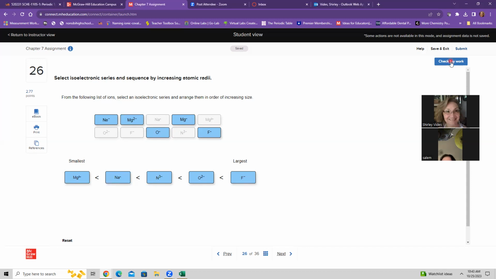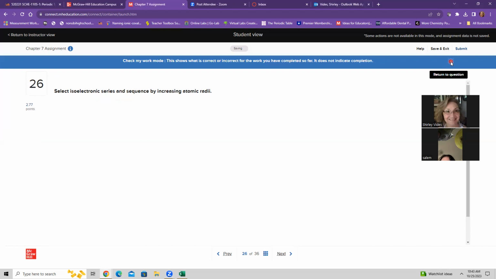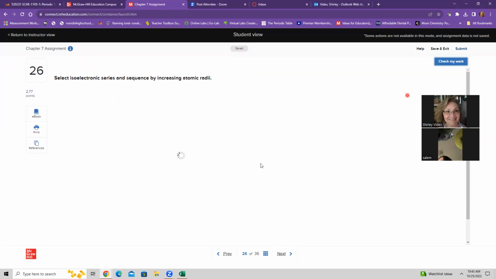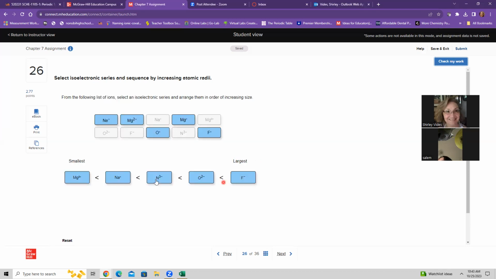Okay, check the work. It's not right. Oh, these two are backwards. I always get those backwards. You know why, right? Because the amount of electrons that you lose is, okay, so return to question, and we just flip those two. There we go.